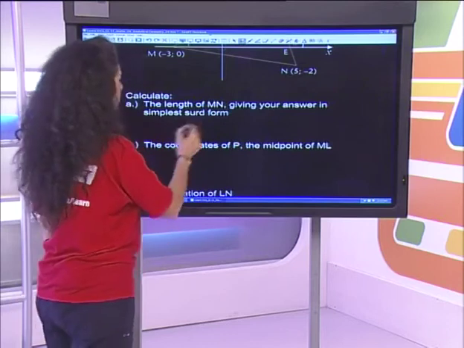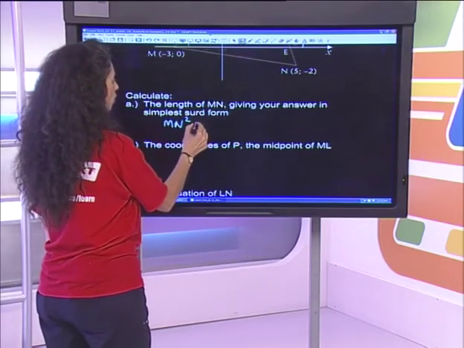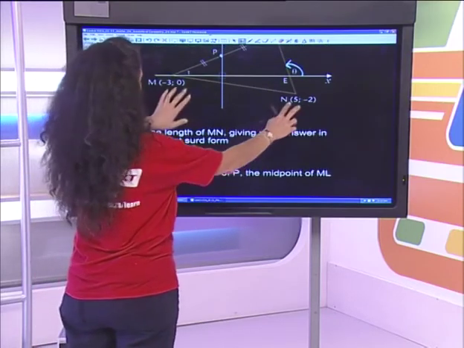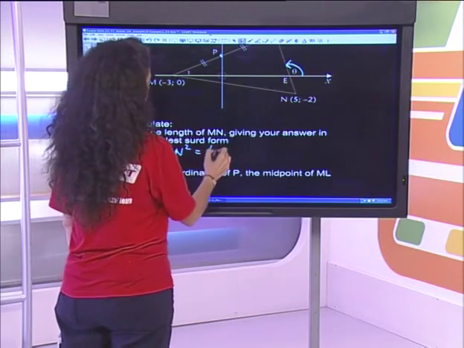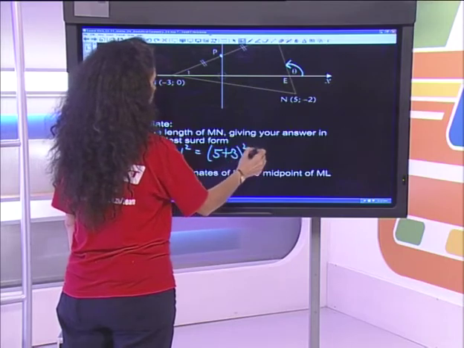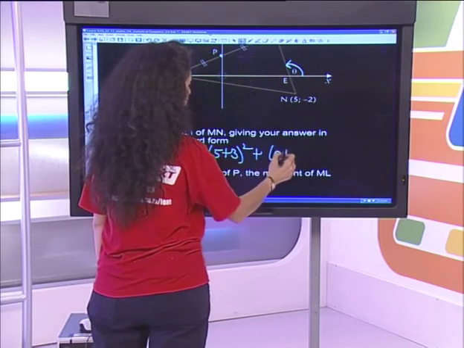So I like to just say the square of MN would be the change in the y values squared and the change in the x values squared. So it's 5 plus 3 squared. And then you add on the difference in the y's, which is 0 plus 2 squared.